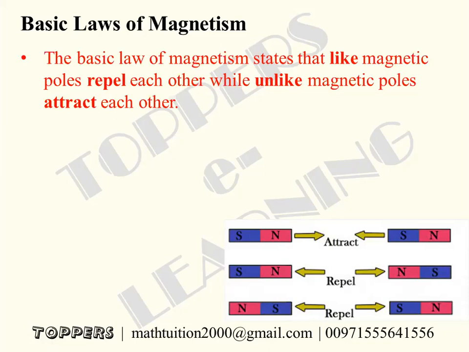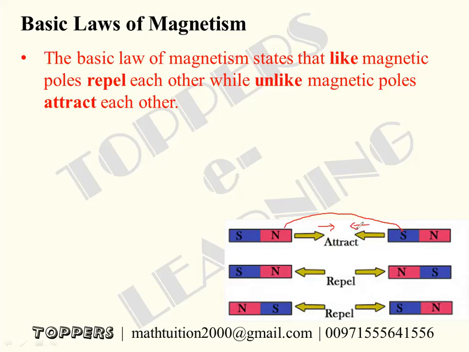Unlike poles, not the same, attract each other. See the figure I have given you. This is a magnet with south and north. Here north, here south. So they are unlike. They will attract, this will come this way and this will come this way.